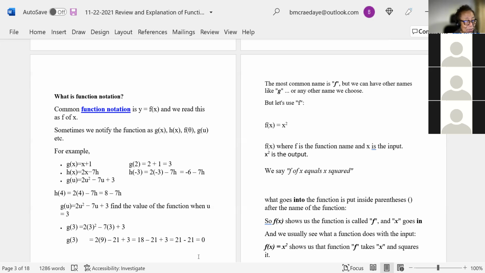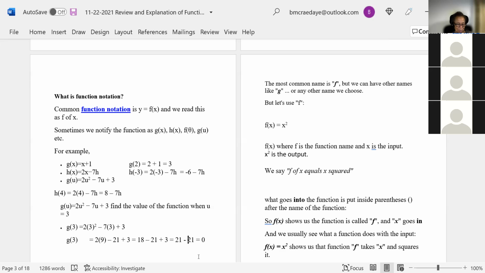Okay. So when you see the F, it could also be a G, could be an H, could be a B. Just remember you have an input, output relationship. The independent variable is what, input or output? The independent variable is input.